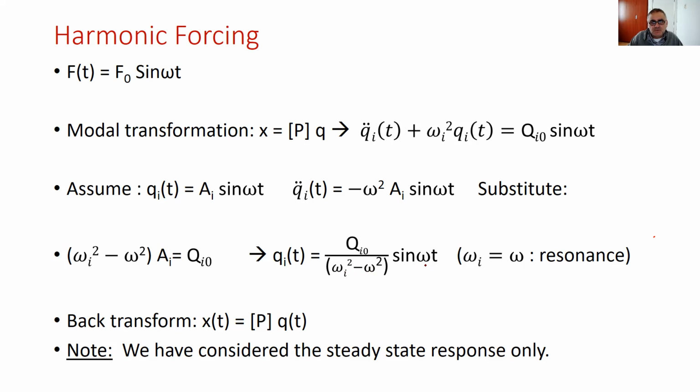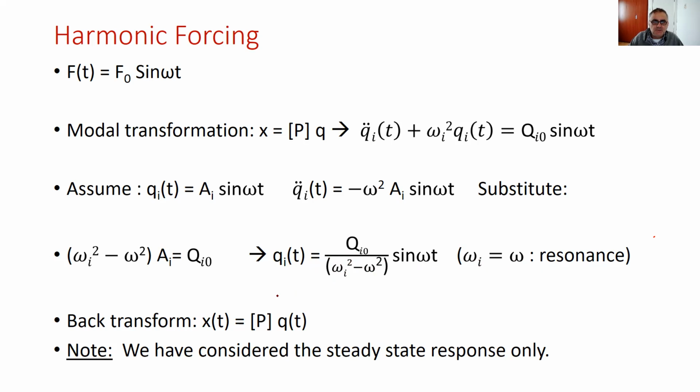If the forcing frequency omega is equal to the ith natural frequency, you will have a resonance, in which case the modal amplitude will go to infinity, and so will the physical amplitude. So the concept of resonance is still valid for multi-degree of freedom systems.